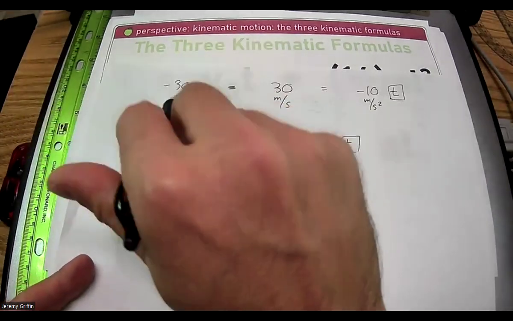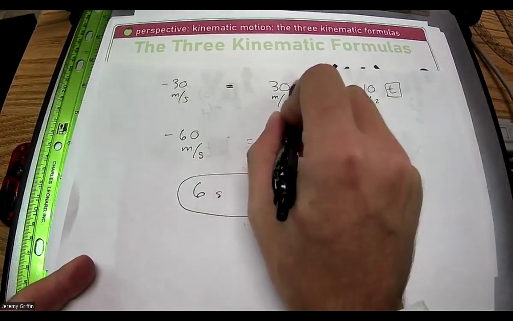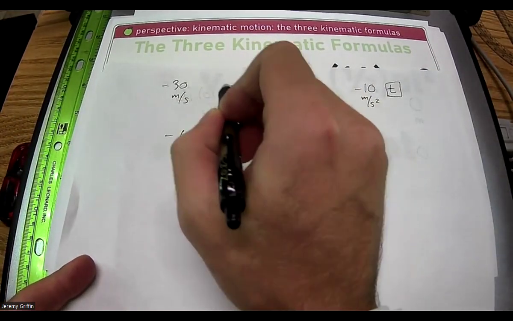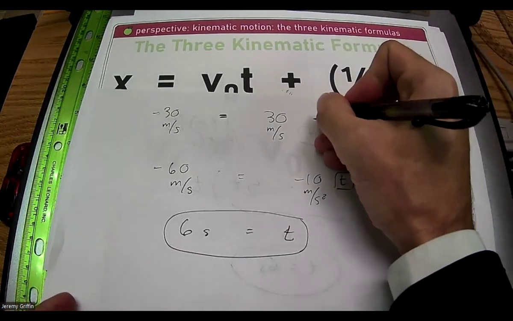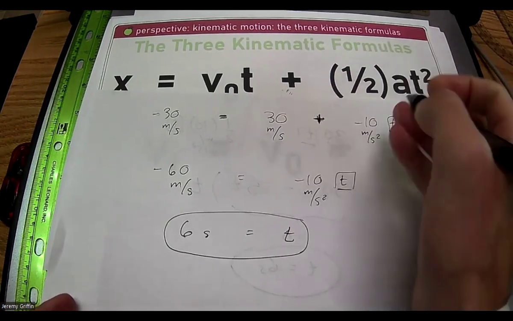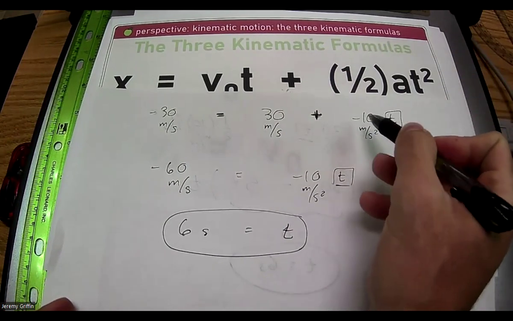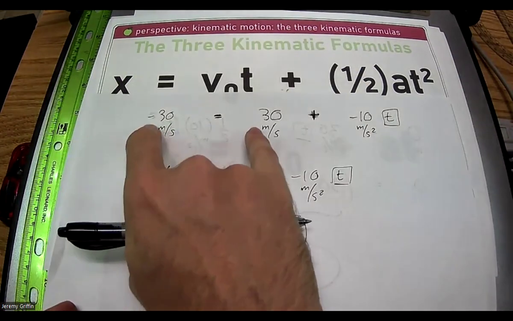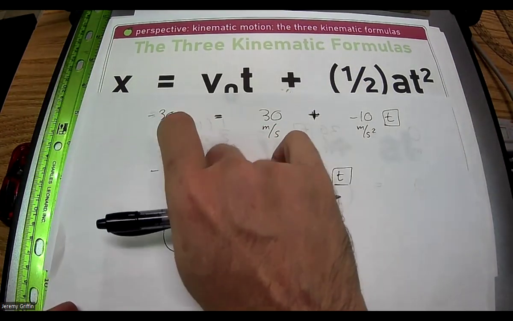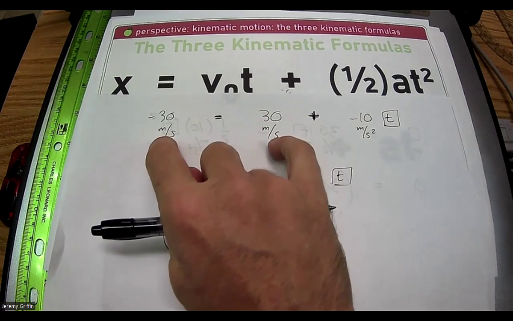Here, I'll show you guys notes from last class. So I threw it upwards at 30 meters per second. Gravity pulls down at, oh, sorry, this is plus here. Okay, a plus. Gravity pulls down at negative 10 meters per second squared for some time so that I catch it at the same speed, opposite direction. Now, if I do the math, guys, what is negative 30 minus 30?